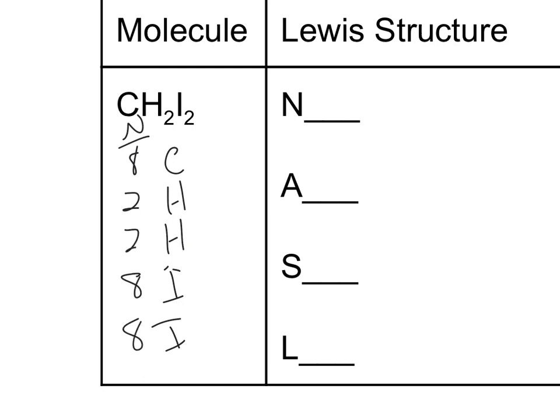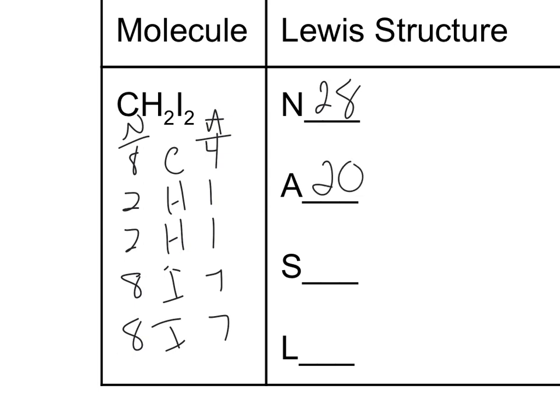So 3 times 8, right, 3 eighths, is 24, plus 2 twos, is 28 total. The available, carbon has 4, hydrogen has 1 apiece, iodine is in that halogen group with chlorine, fluorine, bromine that we've already seen, they have 7 apiece. So that's 7 plus 7 is 14, plus 1 is 16, plus 4 is 20.